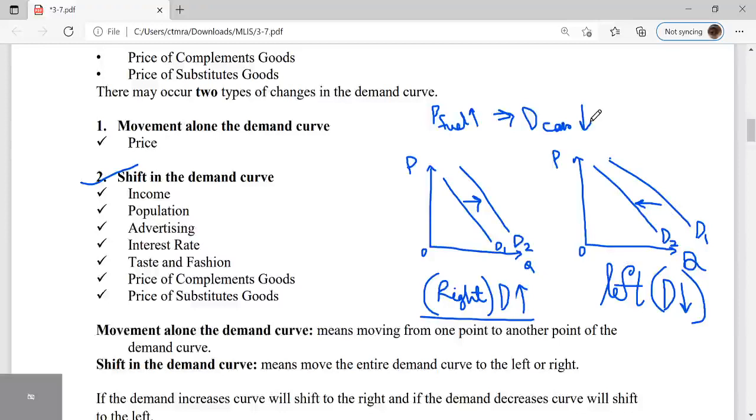And next we have substitute goods. Substitute goods are like alternatives, goods that serve the same purpose.